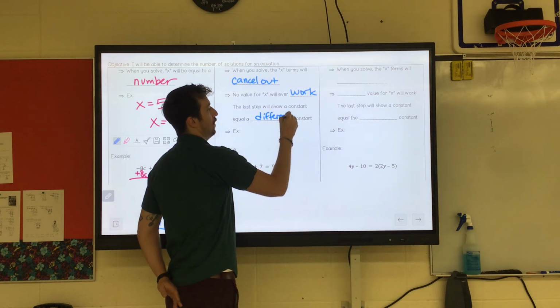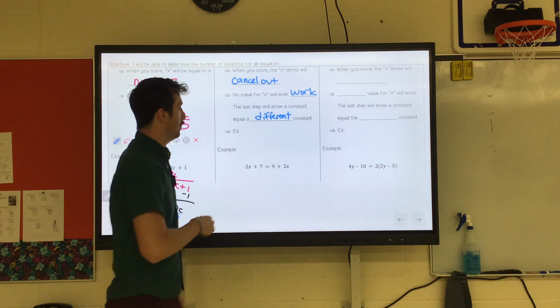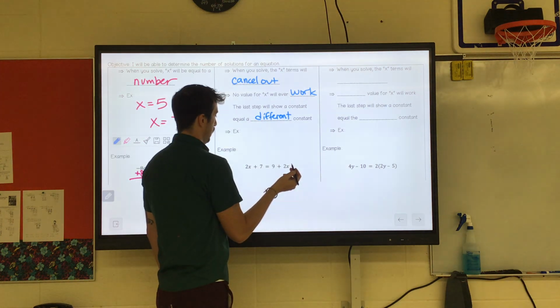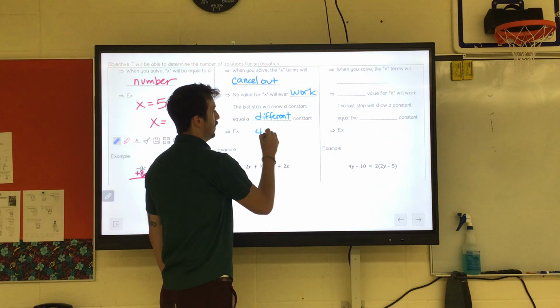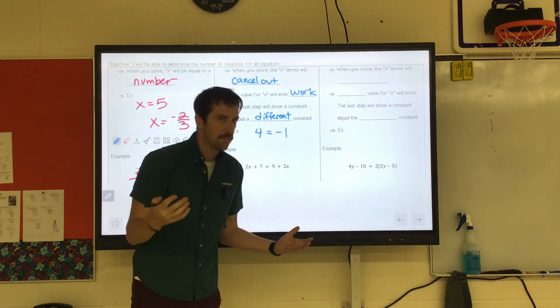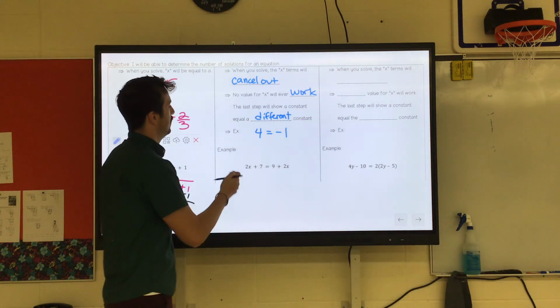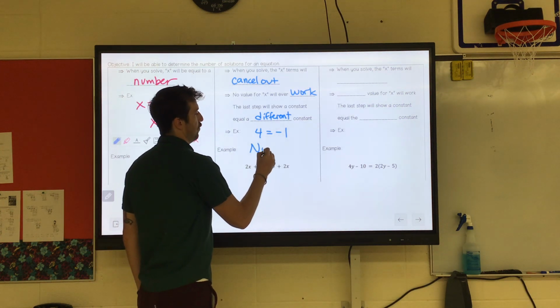And you're like, what are you talking about, Mr. Plant? All the x's will go away, and you'll just be left with something that is like 4 equals negative 1. That's all that's going to be left. Does 4 equal negative 1? No. So this would be considered a no solution type of problem.